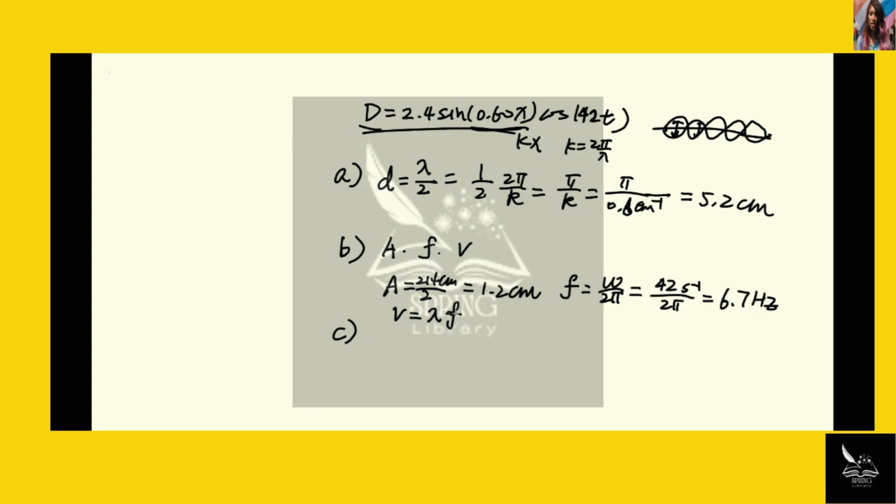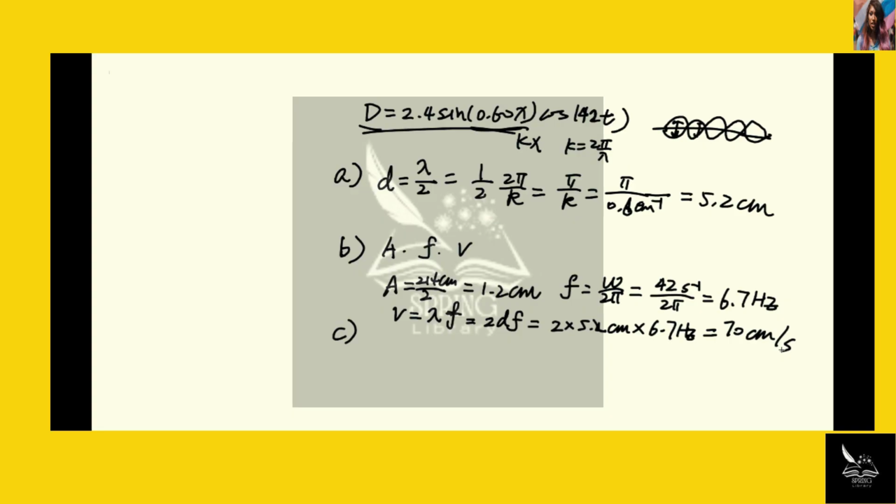So v equals lambda times f, which is 2 times d times f, and that is 5.2 centimeters times 6.7 hertz. This gives us roughly 70 centimeters per second.